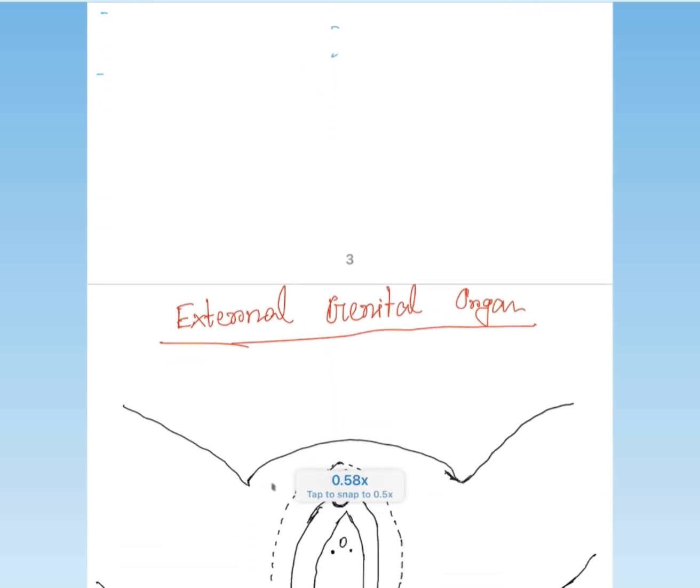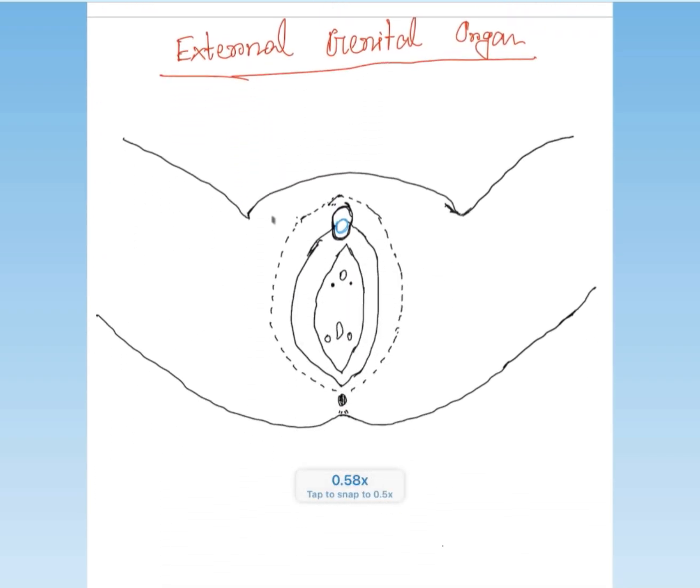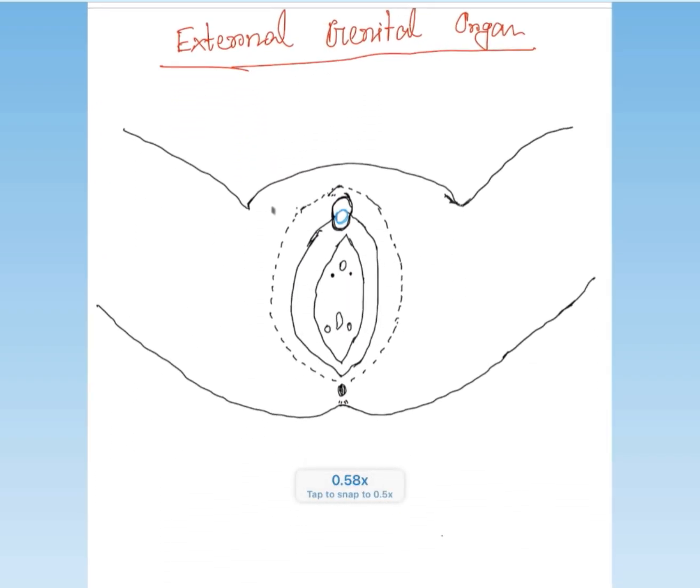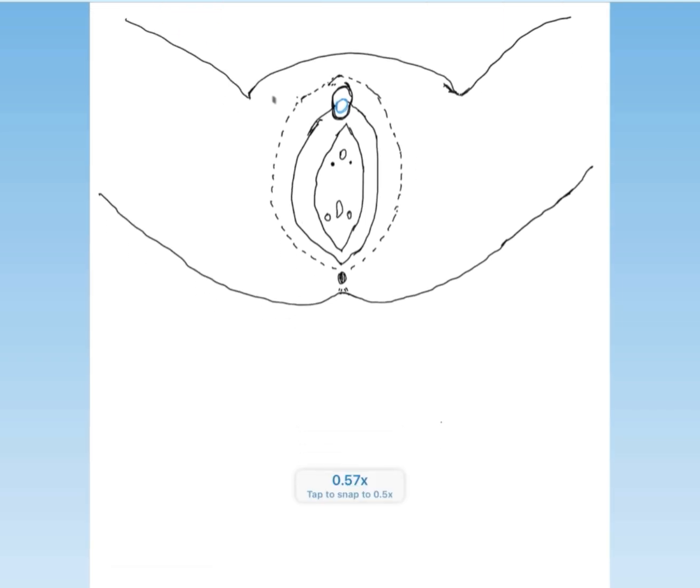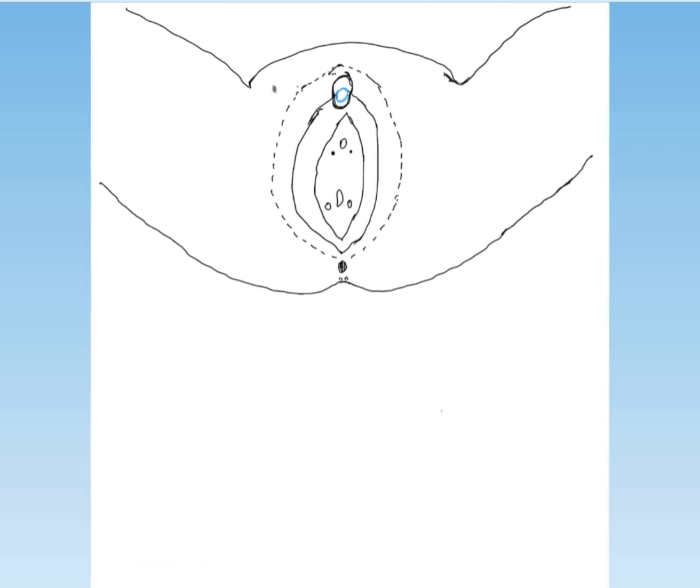Okay, now the second thing: let's proceed with today's session on the external genital organs. I'm not good at drawing but still I tried my best, and we won't label this picture now. One by one we will discuss the external genital organs, and we will label them. The external genital organs consist of the Mons pubis, Labia majora, and Labia minora.